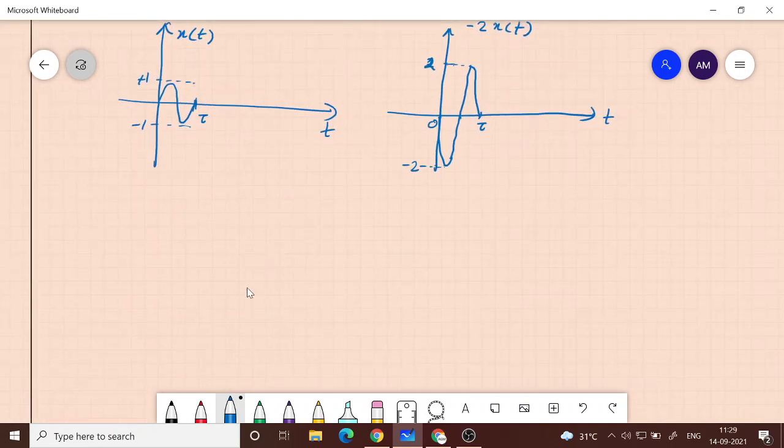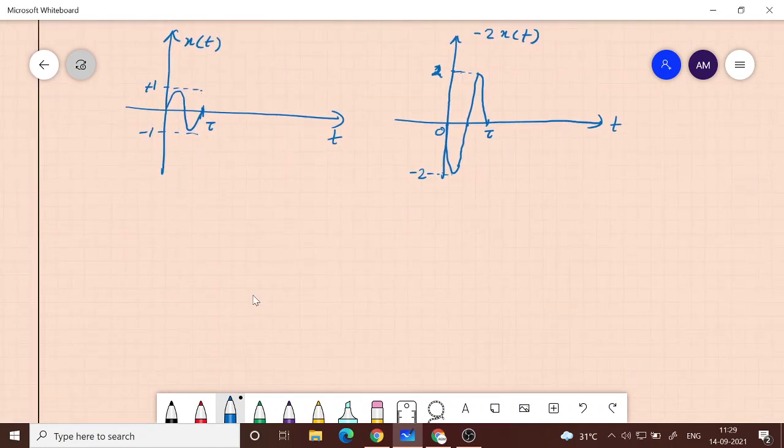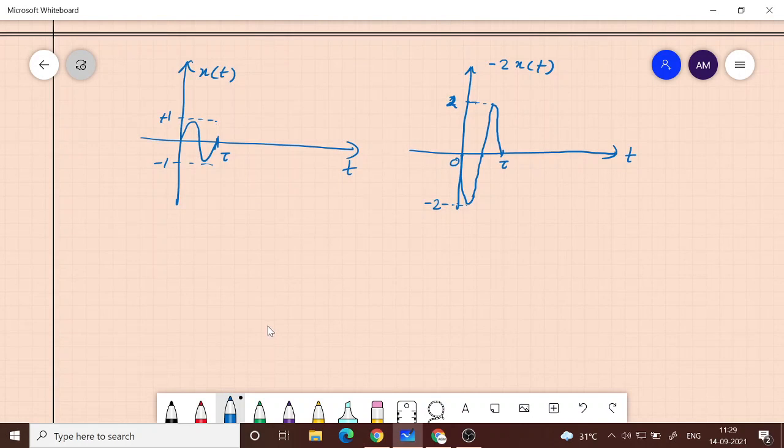Now in this way you can modify the amplitude in so many different ways. So you can have a square. Another example, same signal, let me just do x square of t. Again, from 0 to tau the signal will vary.